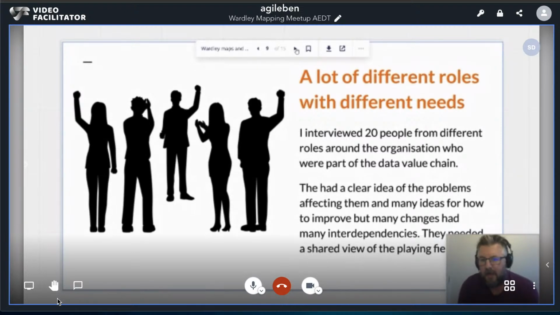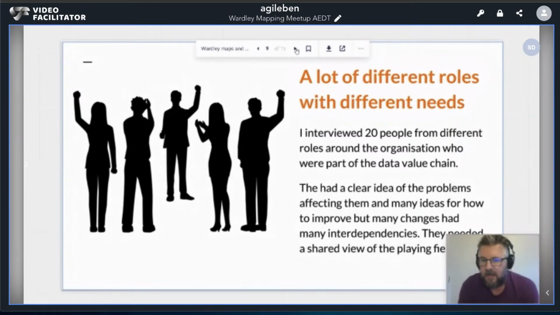So the first thing that I did to get a better sense of where we're at was I identified about 20 people across the Seek group from different parts of the organization working in different roles. They might be working as an analyst, in leadership, as a data scientist, or as a data engineer.